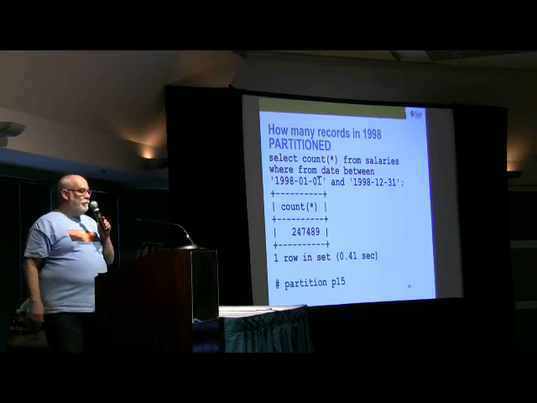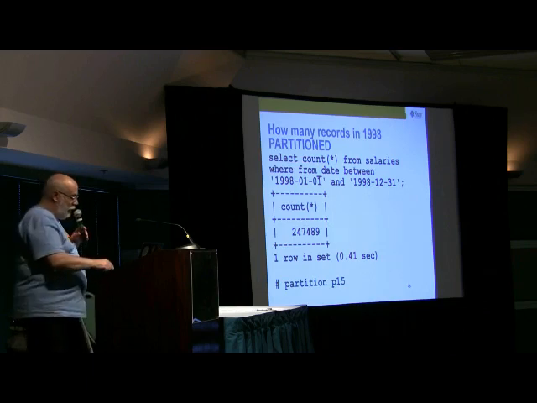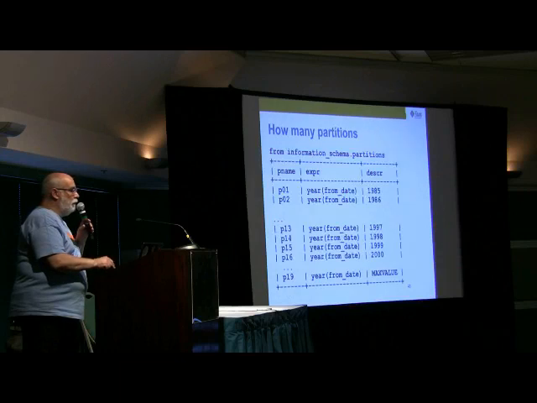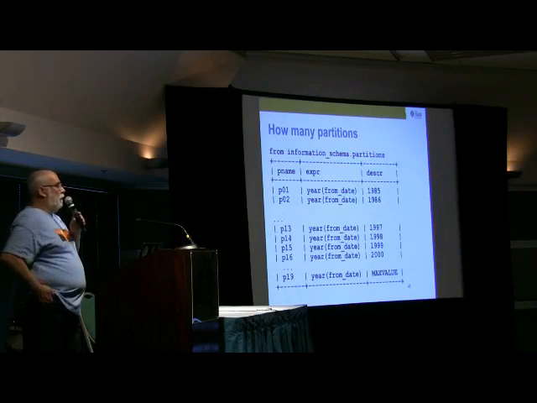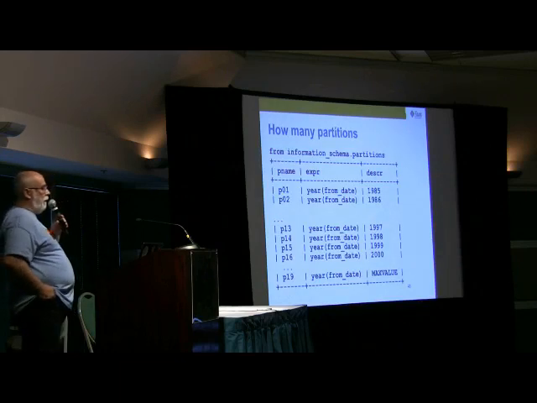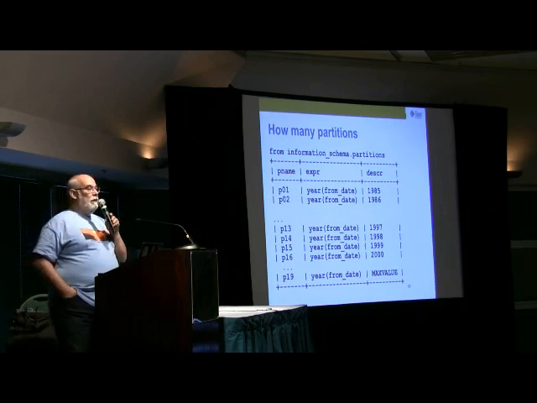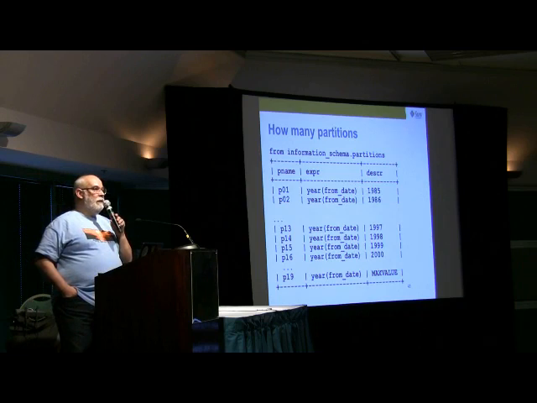Now, this is partition P15. How do I know this? Because I'm looking for data in 1998, and if you go back to the information schema partitions, you see P15 is year from date, and this value is less than 1999.